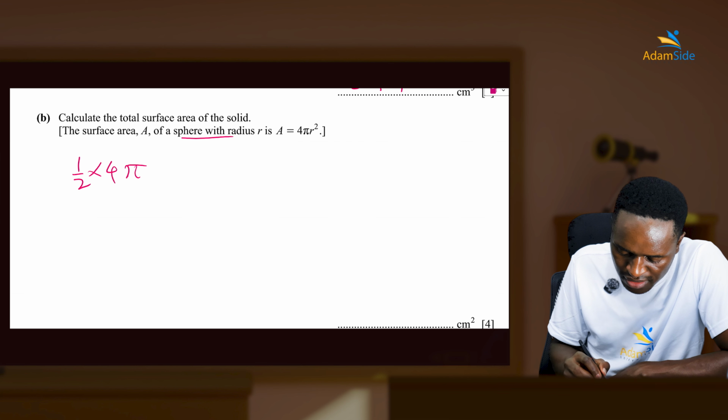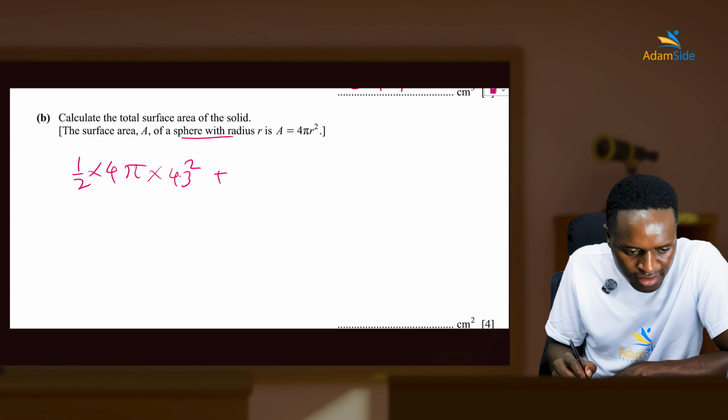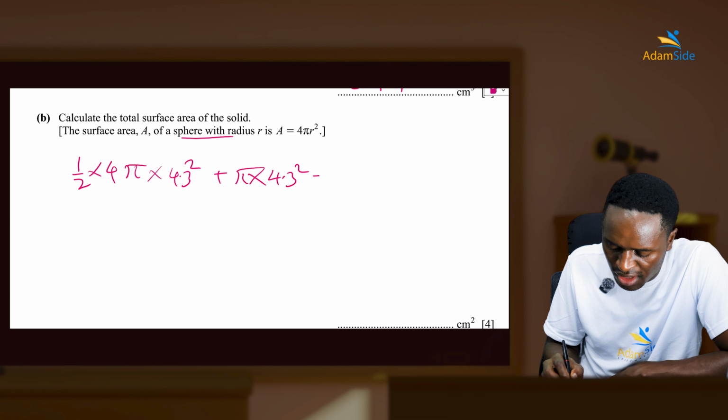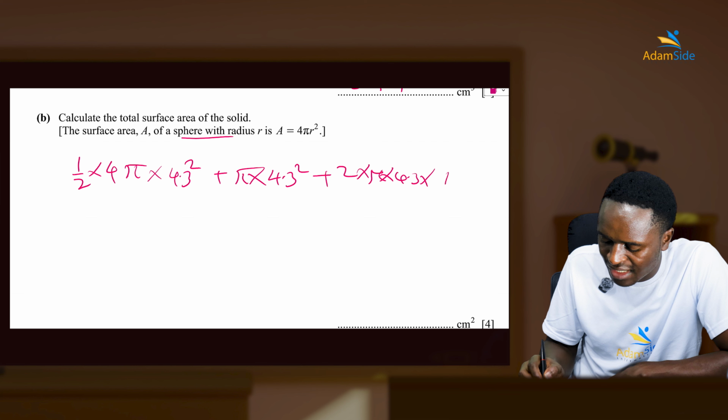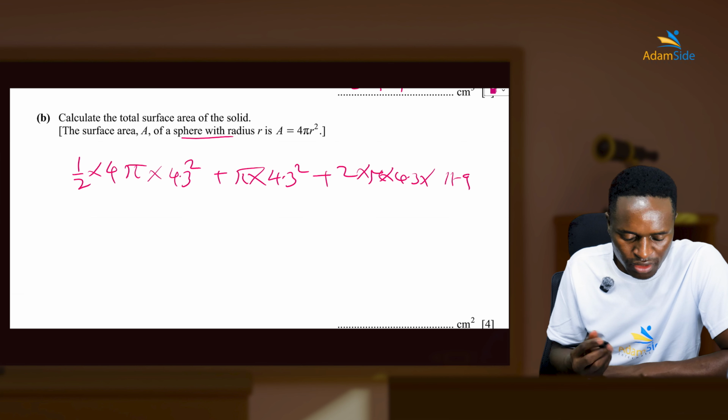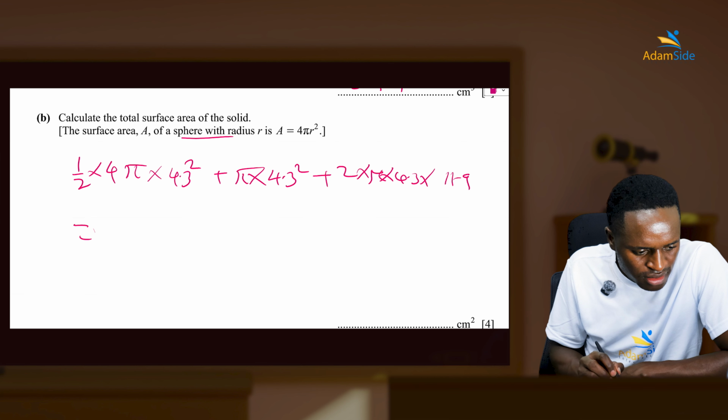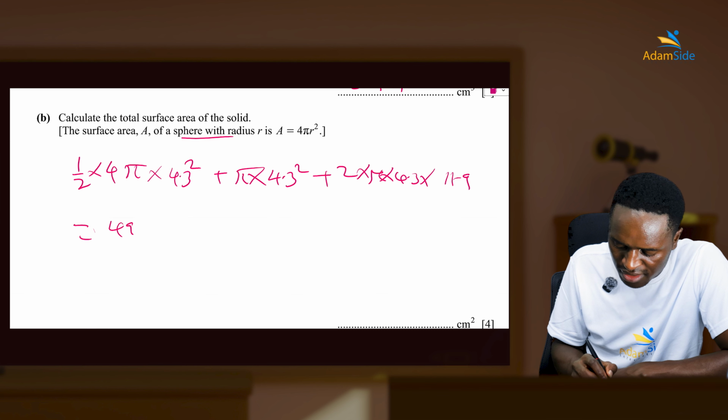The radius is 4.3, so 4.3 squared, then plus pi times 4.3 squared, plus 2 times pi times 4.3. This is the area of the curved surface. Then you add together, using your calculator.